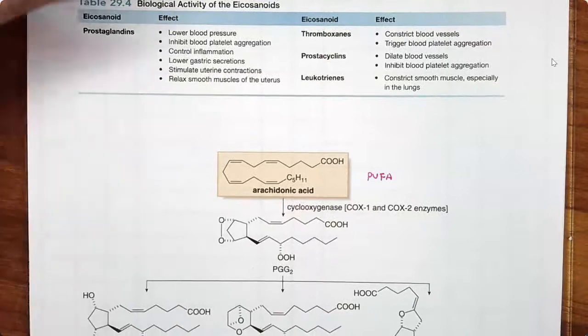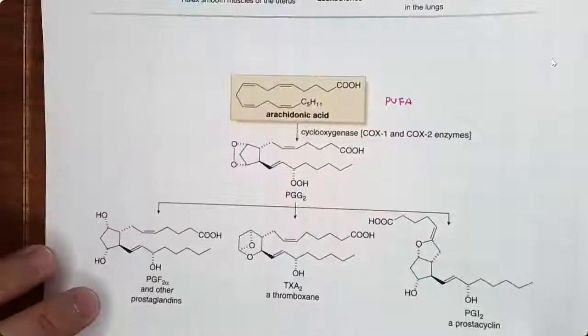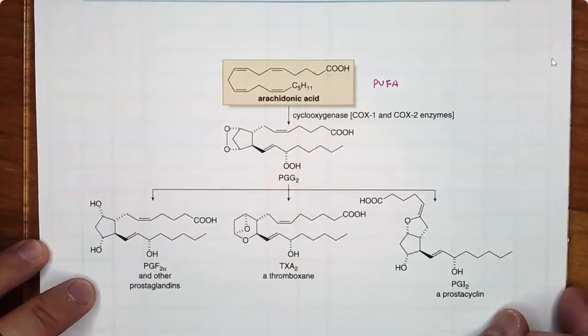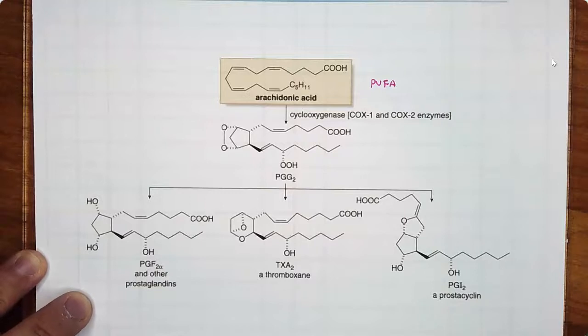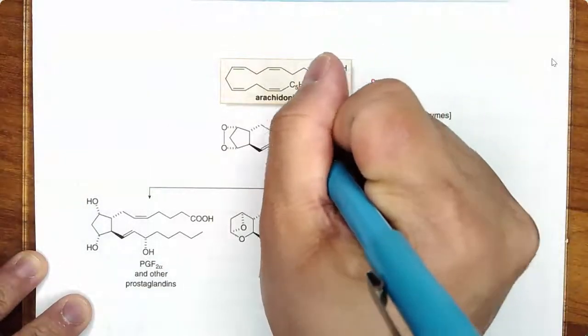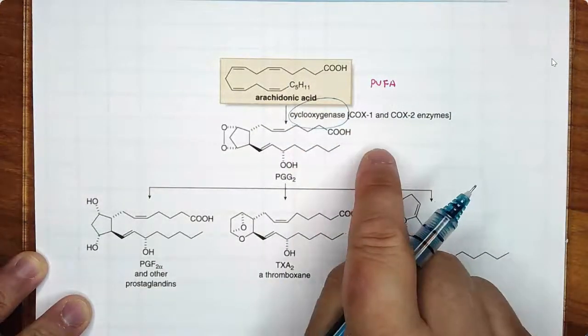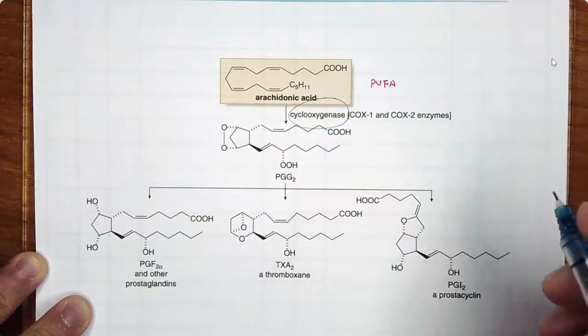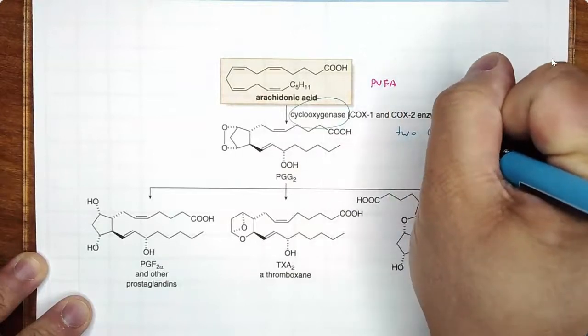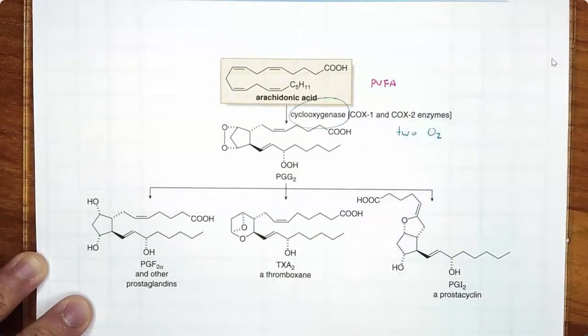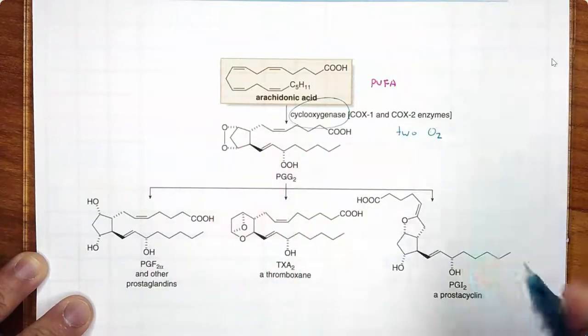That prostaglandin can be derivatized into other signaling molecules, such as these shown down here. But what we're interested in is this enzyme, cyclooxygenase, or COX-1, COX-2, and the use of two molecules of O2 and how they convert or oxidize AA.